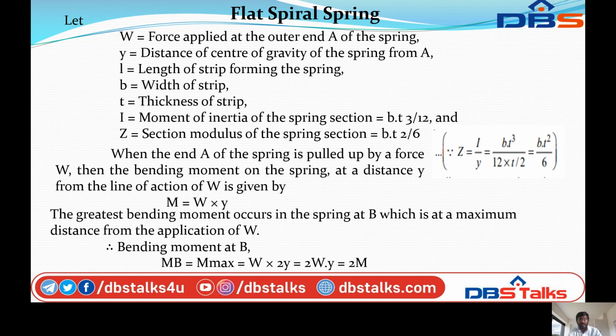I is equal to moment of inertia of the spring section, B into T cubed by 12, and Z is equal to section modulus of the spring section, that is equal to B T square by 6. Since Z is equal to I by Y, that is equal to B T cube by 12 into T by 2, that is equal to B T square by 6.